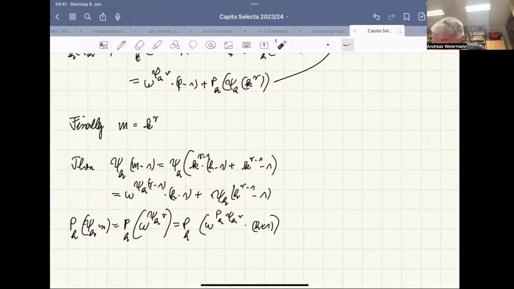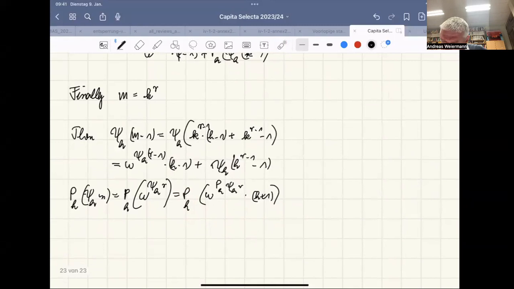Now we have what? We have here pk of a sum. So we have to take pk of the last term in the sum. So this is omega to pk of r times k plus pk of the last term, omega to the pk of r.